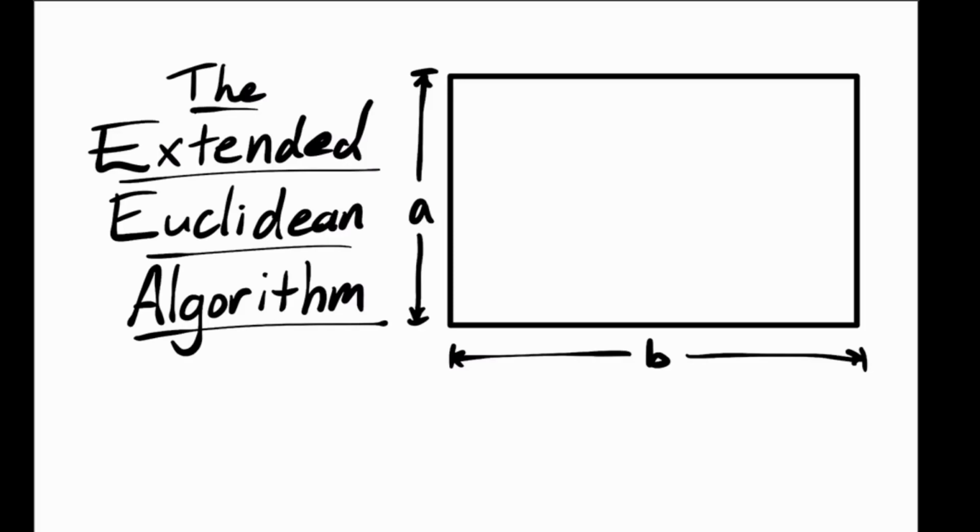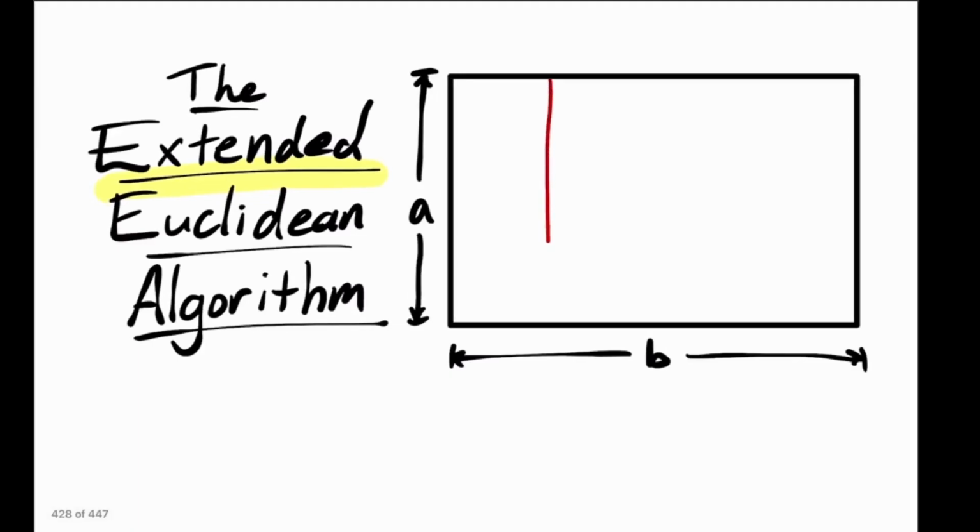Probably the most important algorithm in modular arithmetic is the so-called Euclid algorithm, or Euclidean algorithm for greatest common divisors. And we're going to use an extended version of this, the extended Euclidean algorithm. We'll talk about exactly how this algorithm works and why it works in just a second. But first, just remember, in the standard Euclidean algorithm, the process is to take a pair of numbers a and b, and you take the larger number and you replace it with a smaller number.